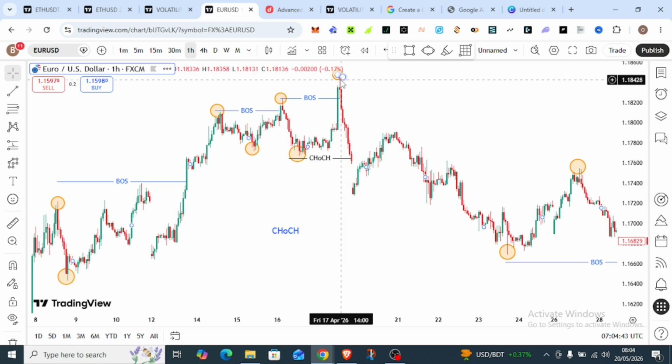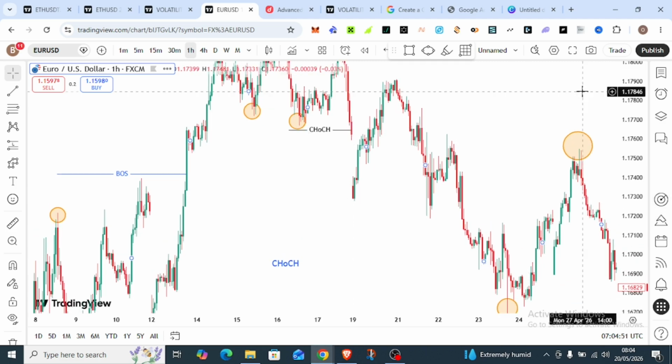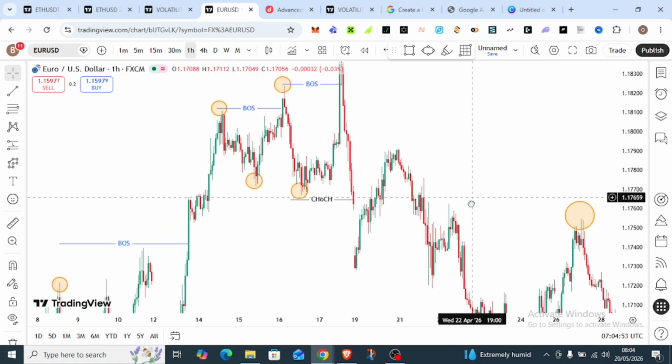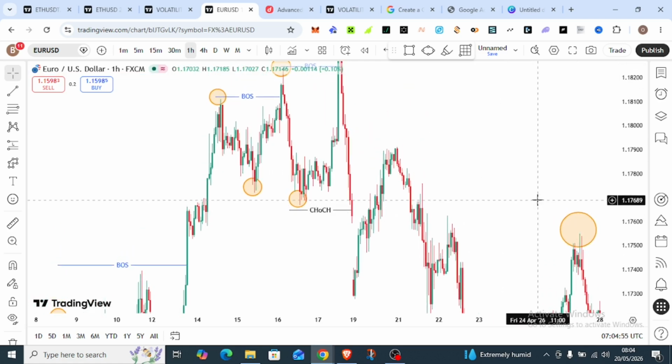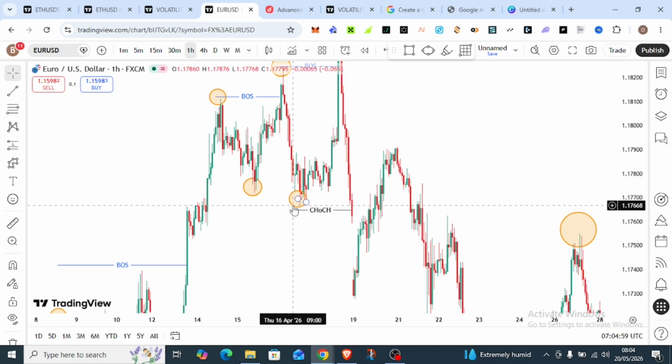This other higher high came down and took out the higher low here. As you can see from this candle, let me zoom it very well, you can see that this candle that broke this higher low closed below it. That's why we have change of character.